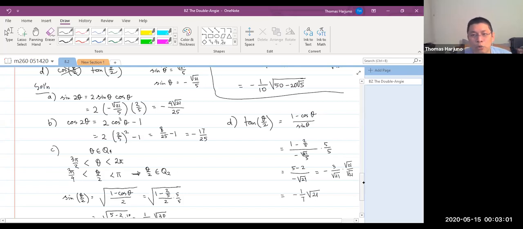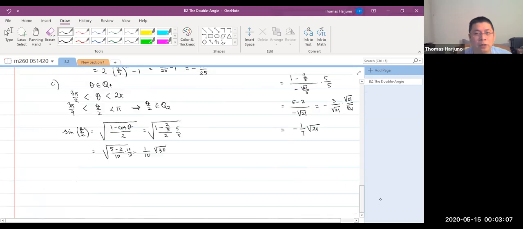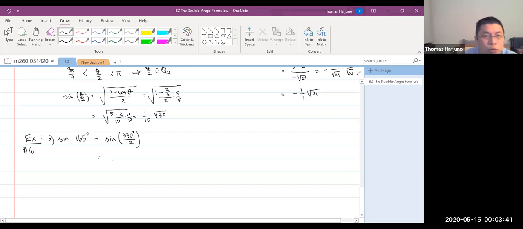Now, another use of the formulas we have here is to compute, for example, I take this from number 16, 16a, sine 165 degrees. 165 degrees is half of 330 degrees. Now then, 165 is in quadrant 2, so sine is positive.